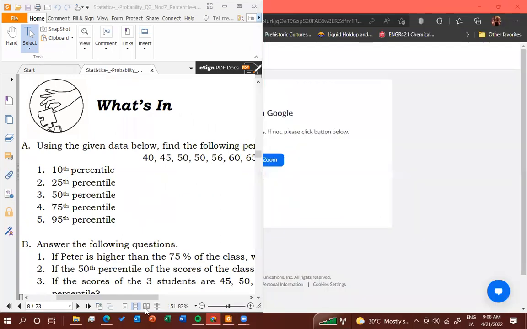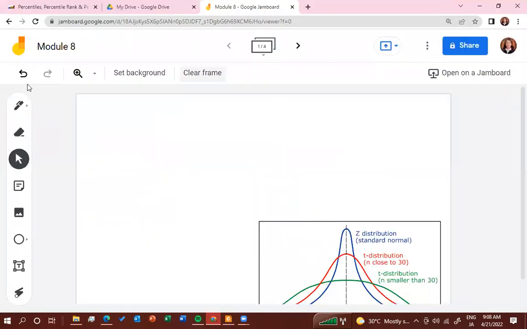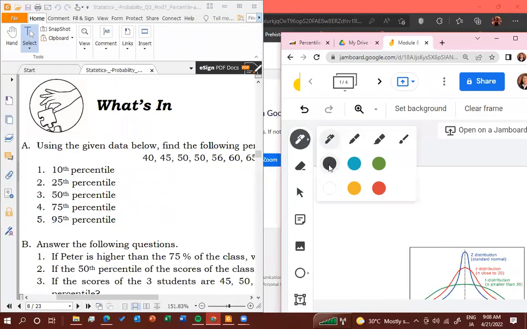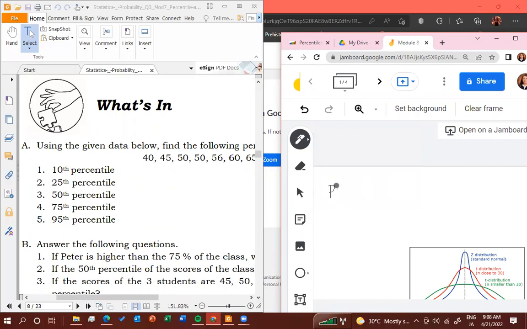You can even look this up on Google. The percentile rank is where n is the number of values below that number and n would be the sample size.